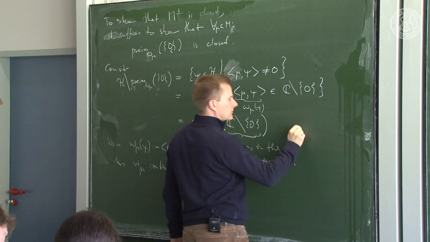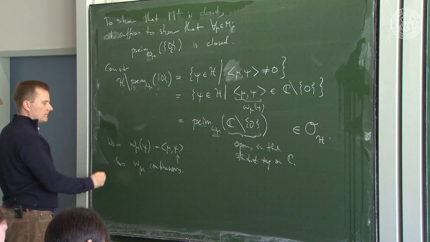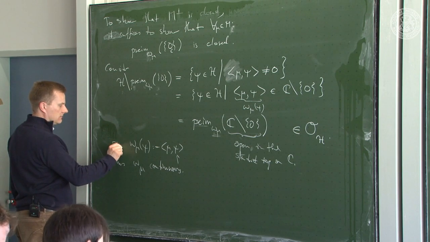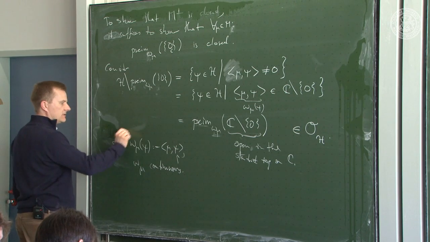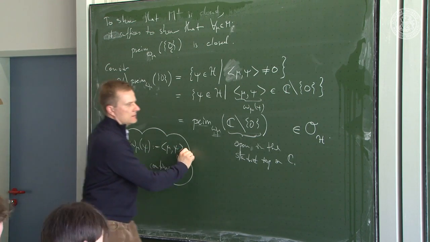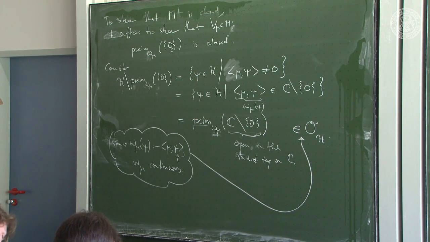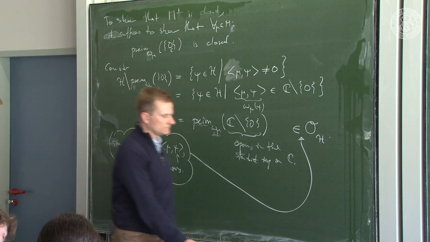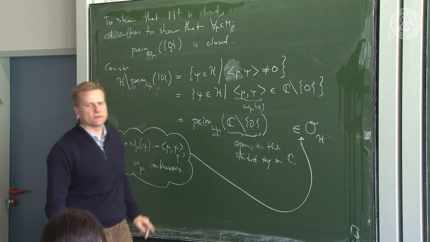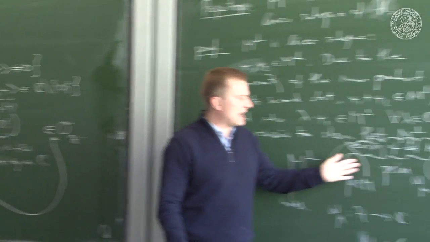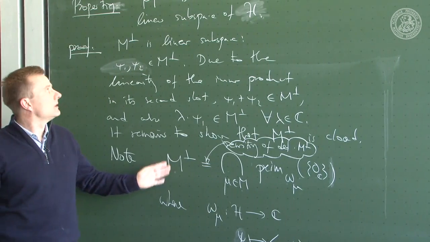Hence we know this is open in the topology on H. Since this is continuous, and this continuity goes into here. Done. Thus we showed that any such pre-image omega mu of the 0 is closed, and here we have an arbitrary intersection of closed subsets. Well, that is closed. That was our claim.